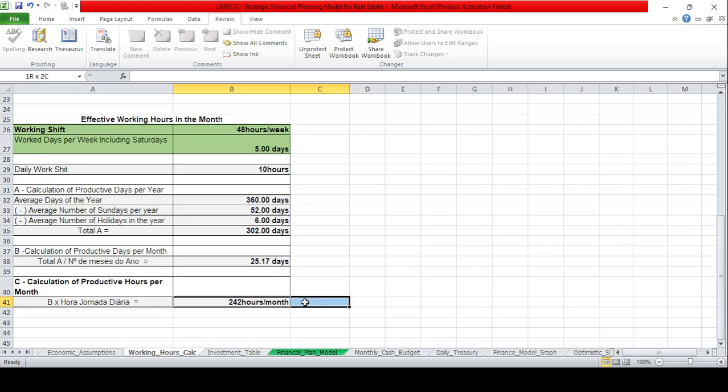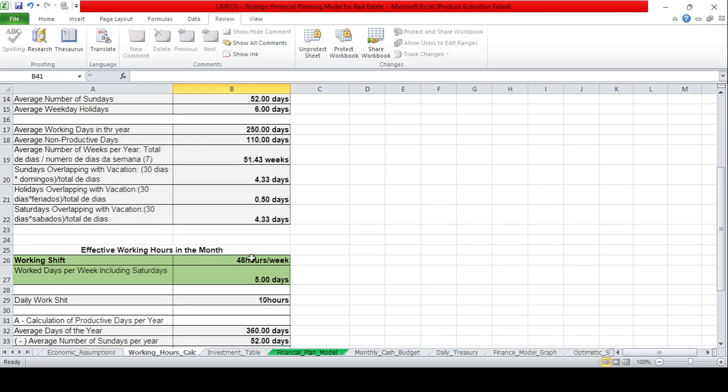It is to get how many hours will be needed to work per month. For it, you just need to insert the number of hours worked per week, and the number of days worked per week, including Saturday.